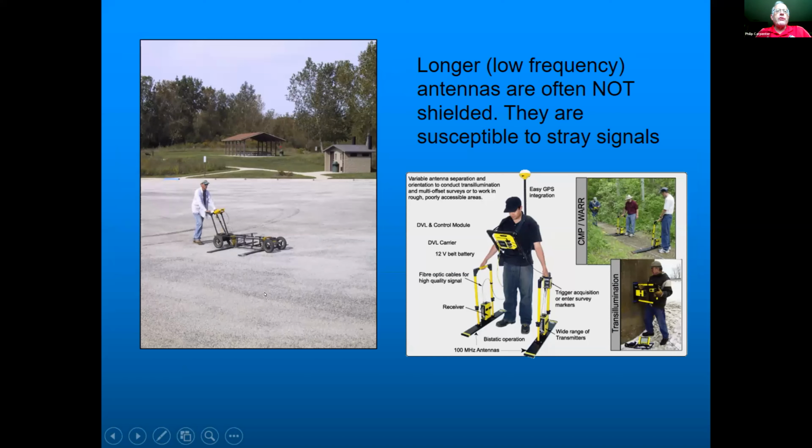Here are some examples of GPR. If you have a flat area, you could use a cart like this, with two 100 megahertz antennas. Our system is more like this, with two antennas that you move manually, because we work in a lot of areas that are not flat, a landfill being an example.